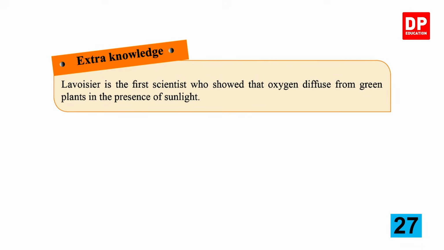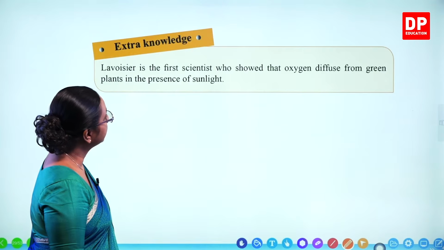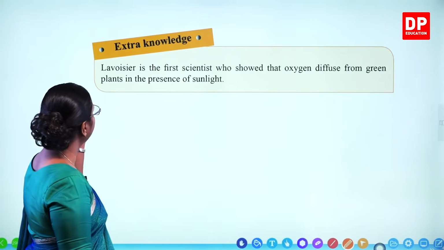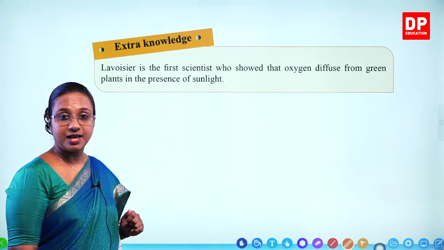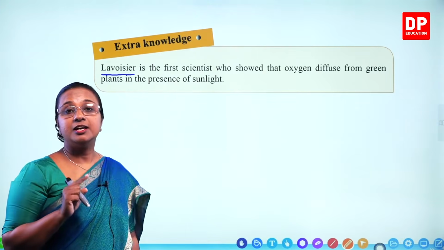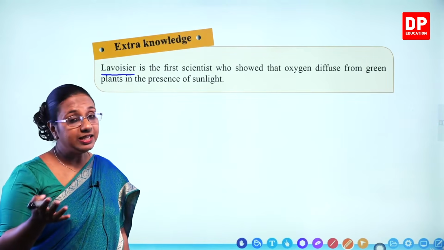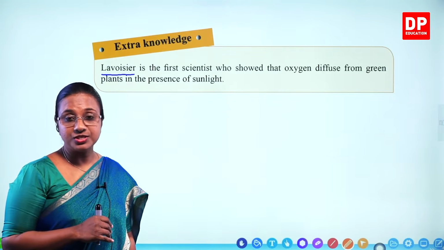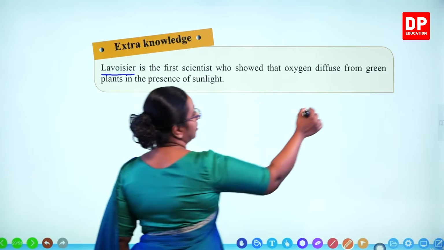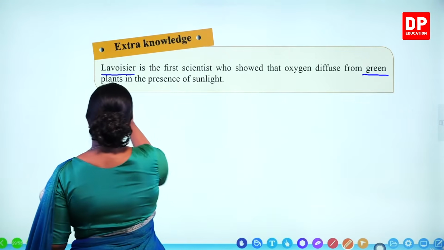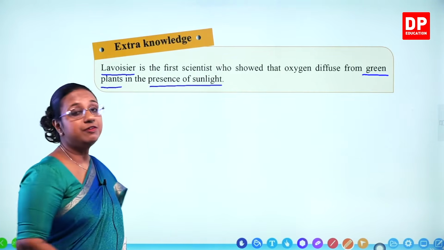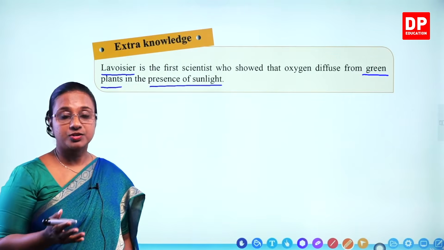Extra knowledge. Lavoisier is the first scientist who showed that oxygen diffuses from green plants in the presence of sunlight. He did not do research into photosynthesis, but he observed that when there is sunlight, green plants diffuse or evolve oxygen.